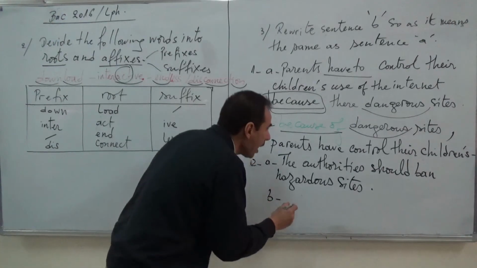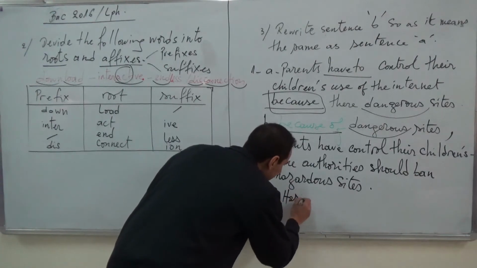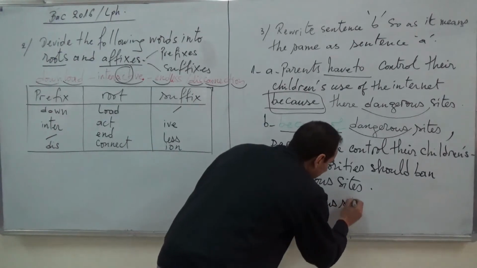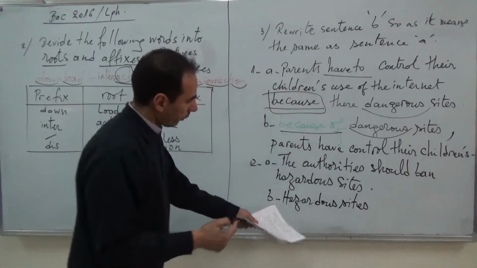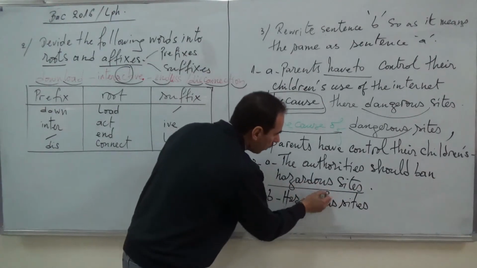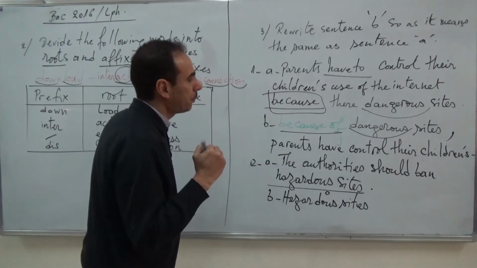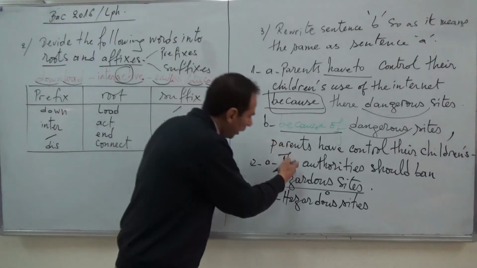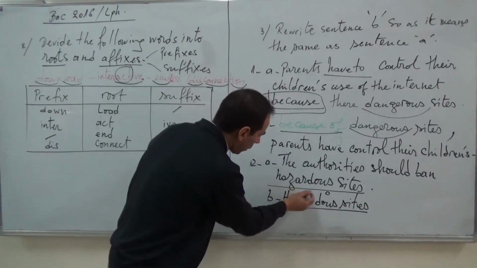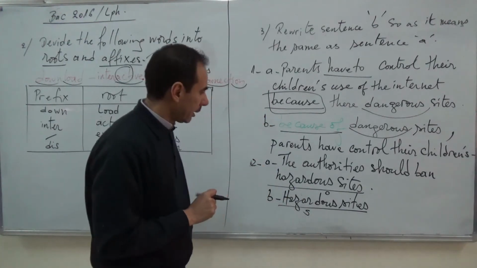And then in B they start with hazardous sites, which was an object in the previous sentence. So when we start with the object of the previous active sentence, the same object becomes the subject in the next sentence.